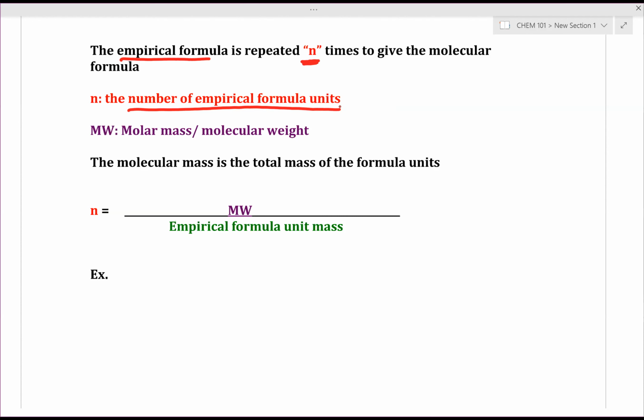This is just telling me the number. Every time I write the formula of my empirical compound, for example, CH, this N tells me how many of these CHs I have. So for example, if N was equal to 2, how many CH units would I have? 2, exactly. So I draw 2 of them and it would be C2H2. So N tells me how many of these empirical formula units are found in my molecule.